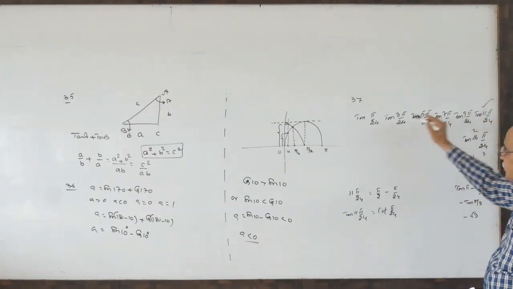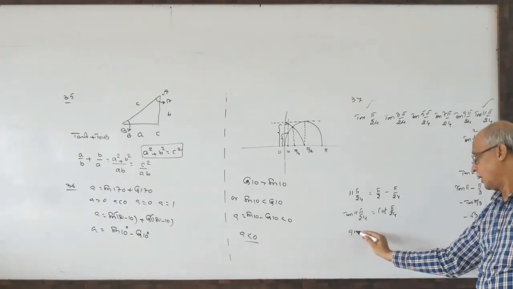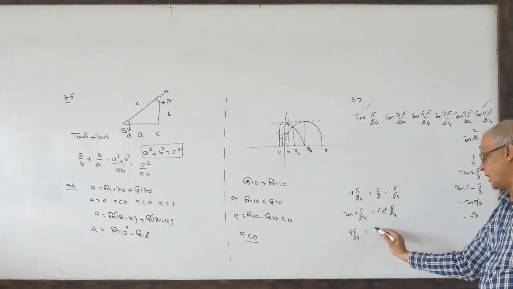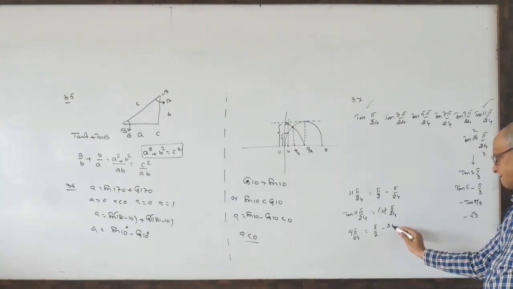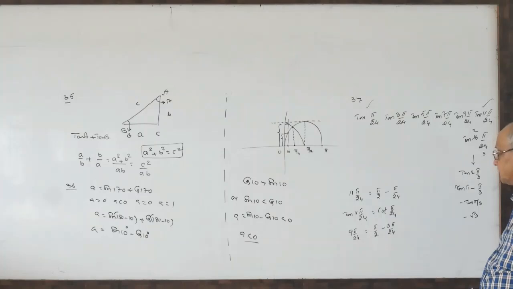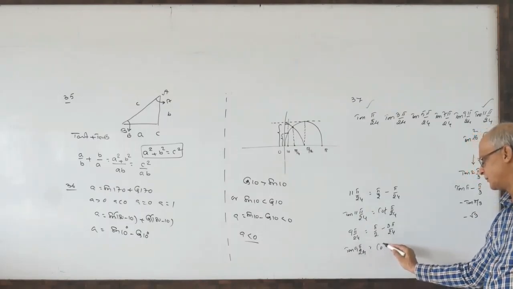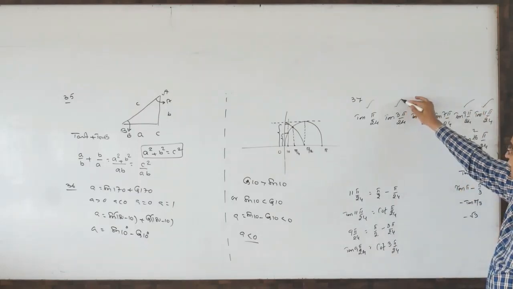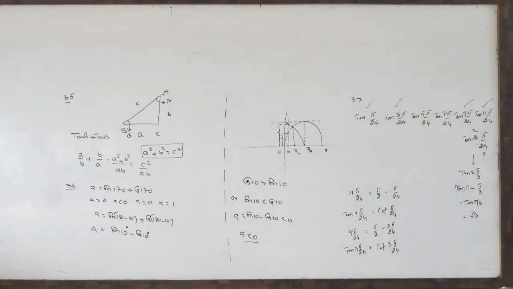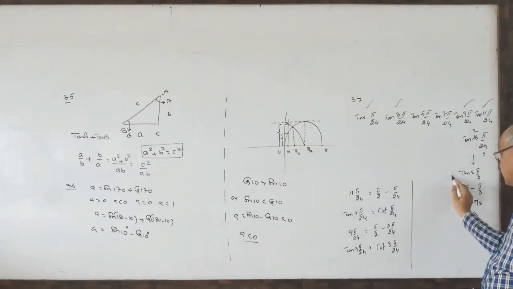This is cot and this is tan, cancel. 9 pi by 24 can be written as definitely 12 minus 3. Very good. Tan 9 pi by 24, tan 90 minus theta, cot theta. Cot means 1 by tan, 1 by tan cut. Very good. Understood?